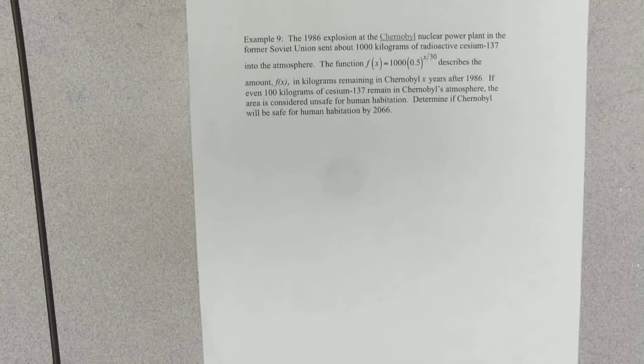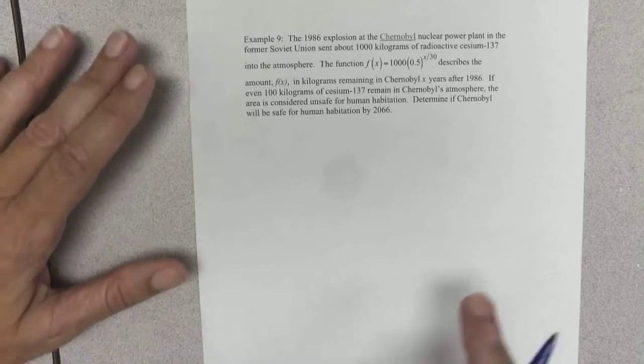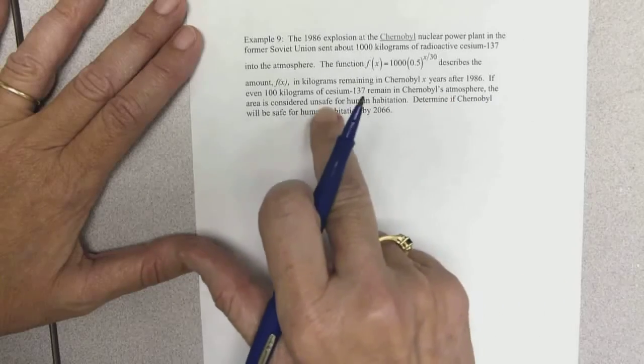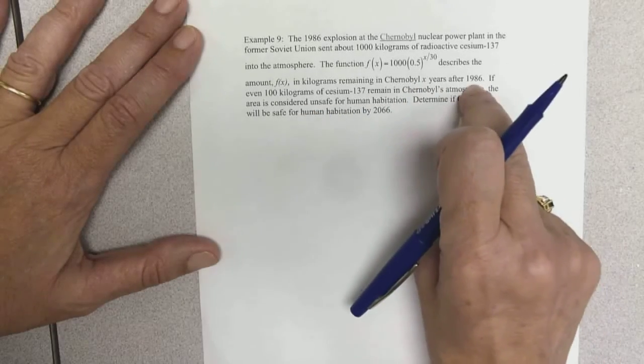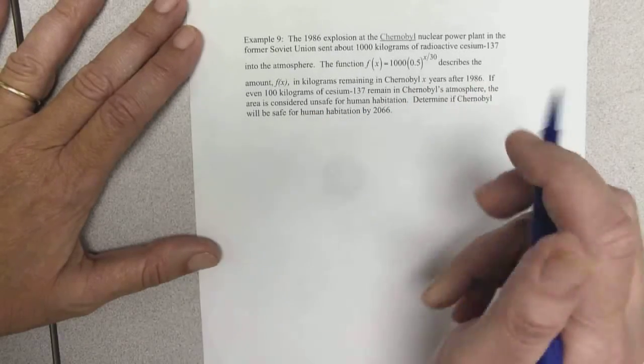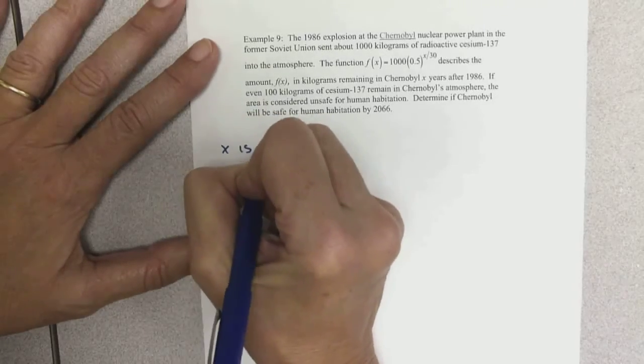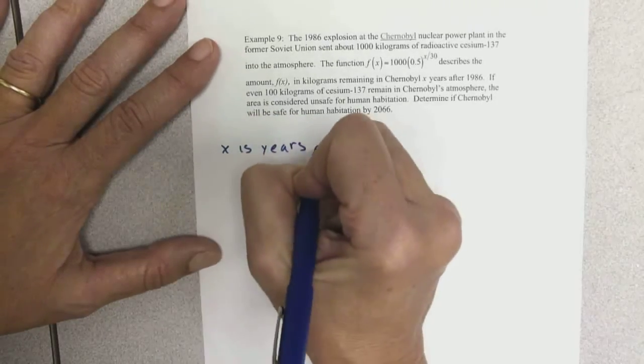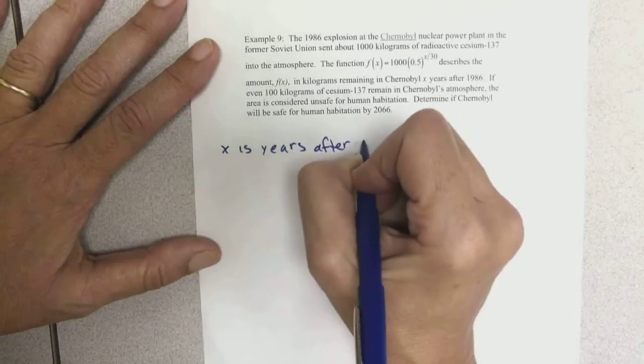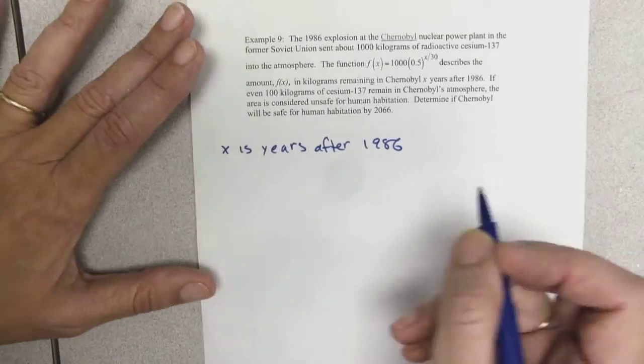So all we really have to do here is figure out what number to plug in. So it says here, x years after 1986. x is years after 1986.